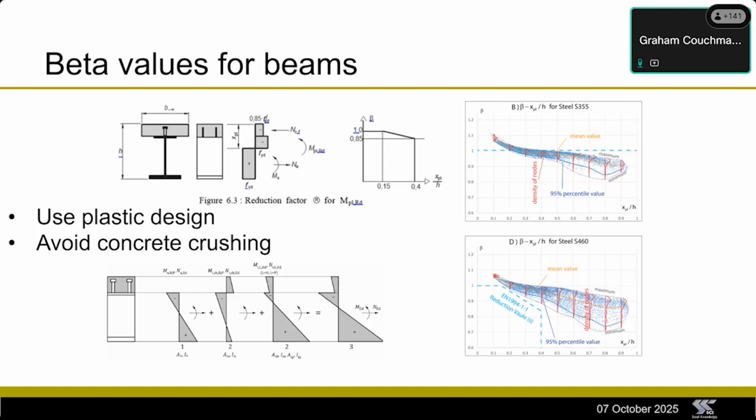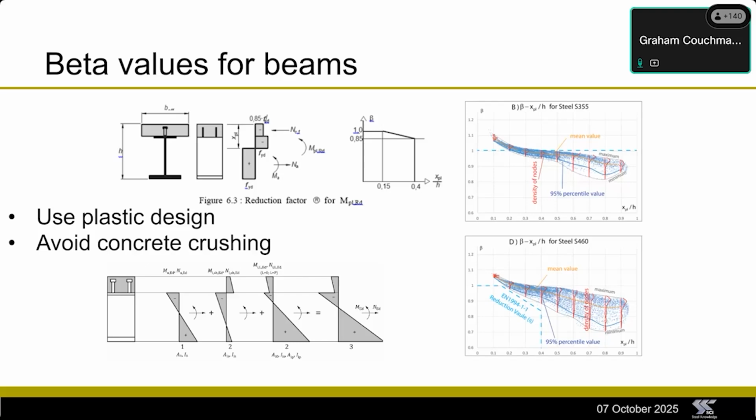If the neutral axis was at the bottom of the slab, that would give you an x over h of 0.25, which is the horizontal axis. At 0.25, your reduction factor for S355 steel is only just ducking below 1. It's about 0.97 or something, looking at the graph.